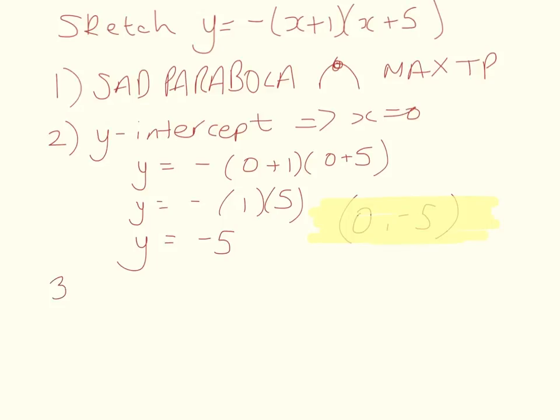Step 3, I want to find my roots. I want to find the points where my parabola crosses the x-axis. It crosses the x-axis when y equals 0. So what we're going to do is set our equation equal to 0.